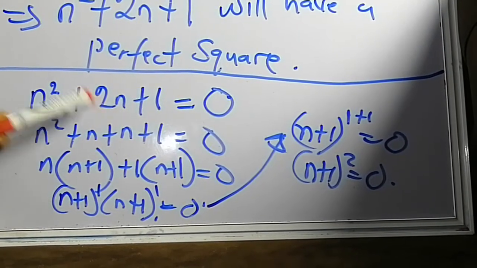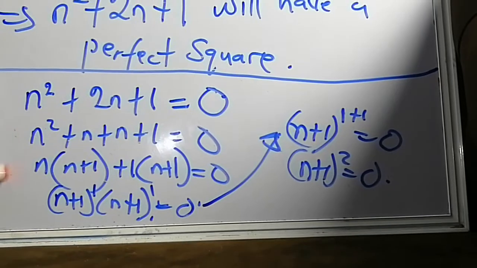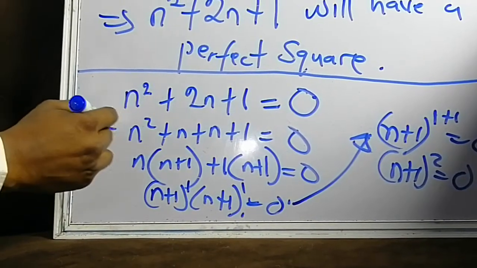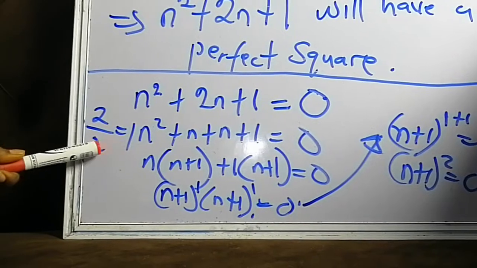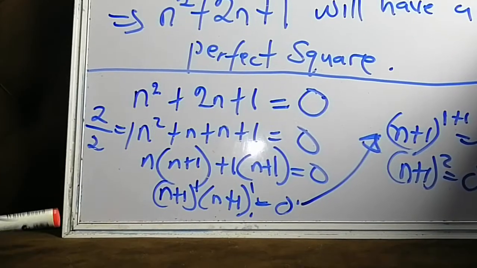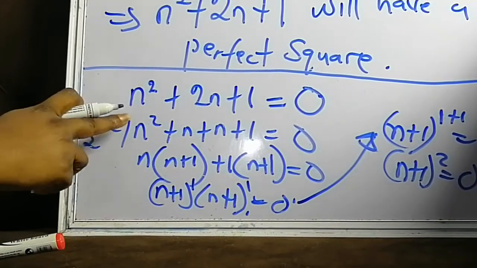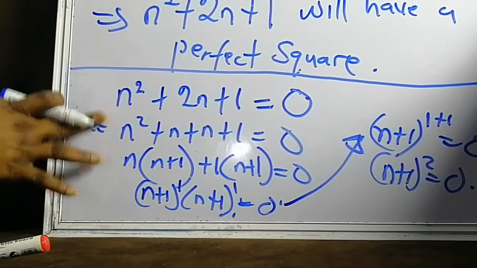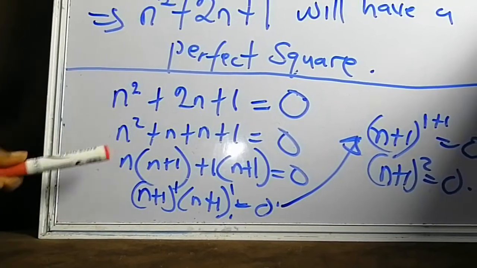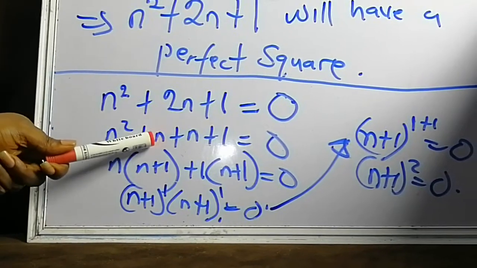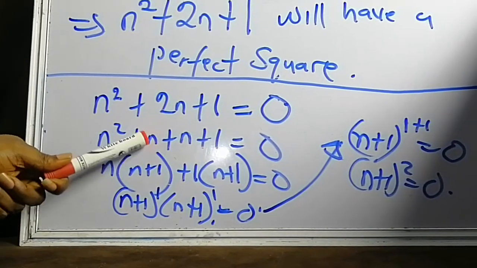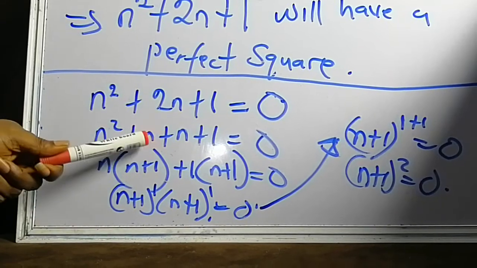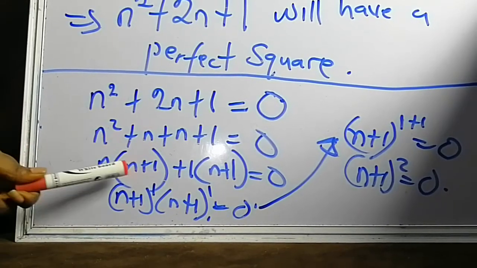If I want to factorize this, 2n can be split as 1n plus 1n. So this is 1n, but we don't write 1 here. So n plus n will give you 2n. So I take one n out, so 1 will remain here, and n will remain here.